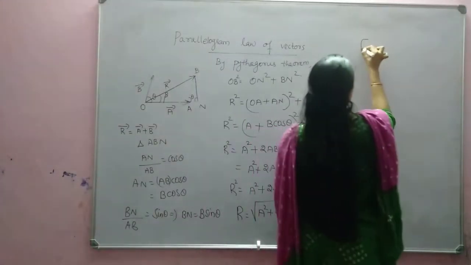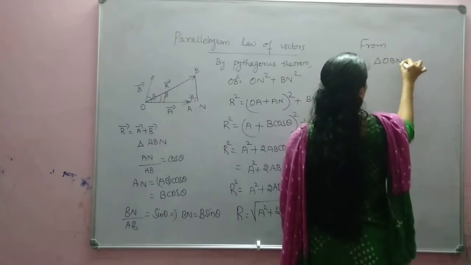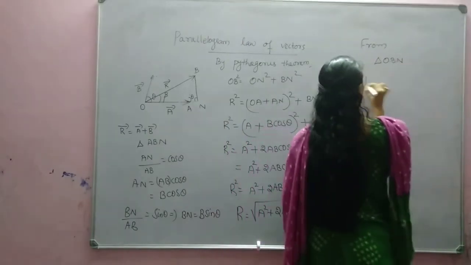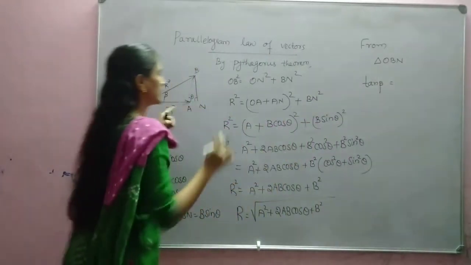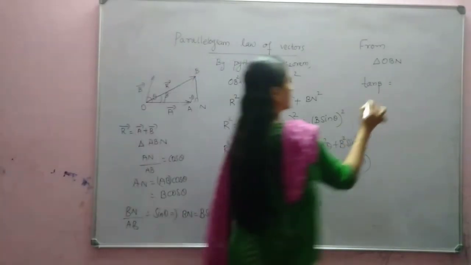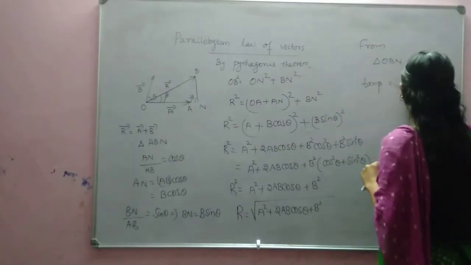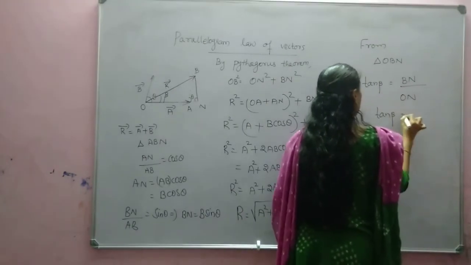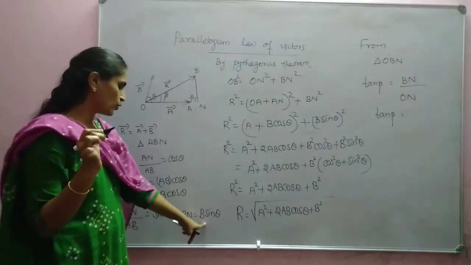From triangle OBN, we can find tan beta. Tan beta is equal to opposite side divided by adjacent side. So we can write BN divided by ON. What is the value of BN? BN we have already written: BN is equal to B sin theta.